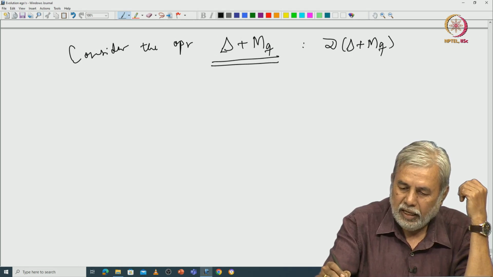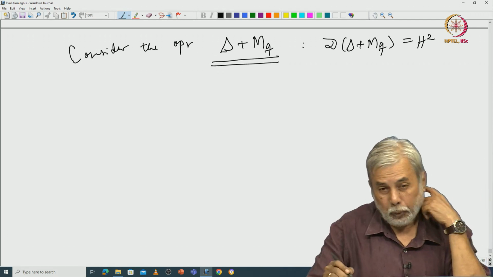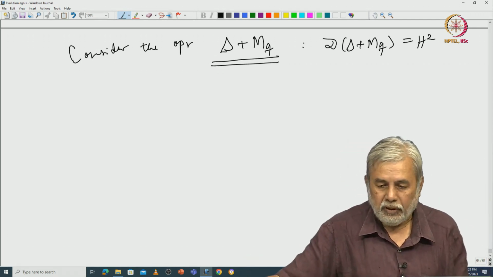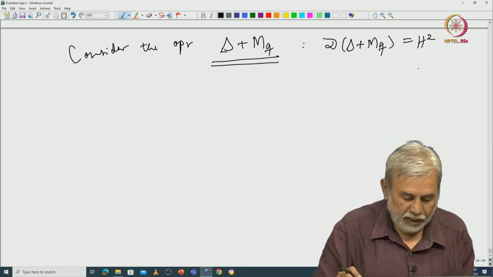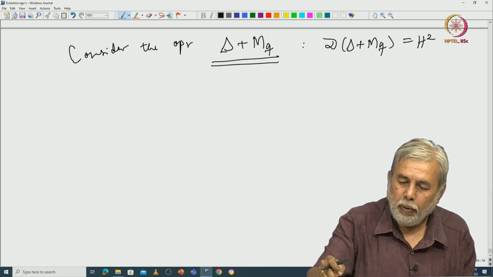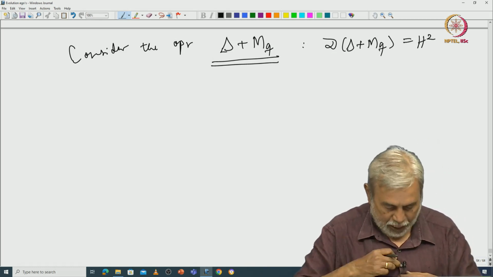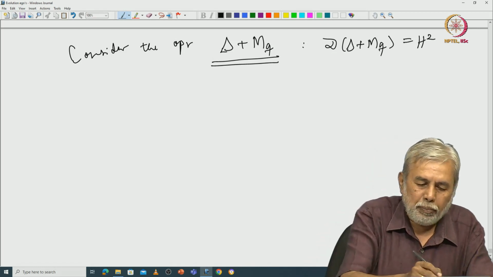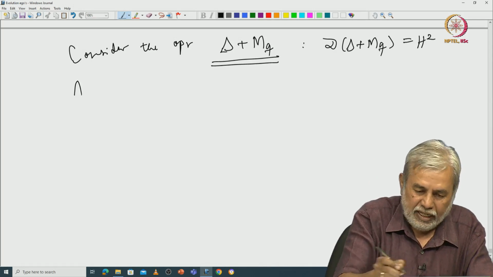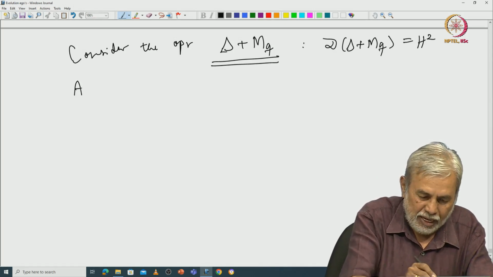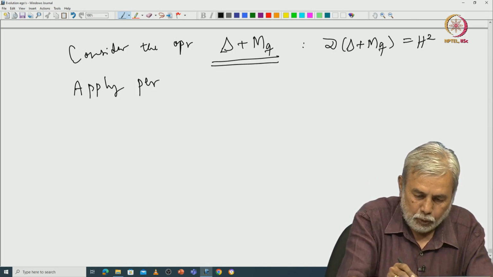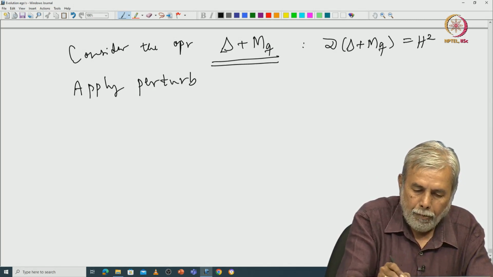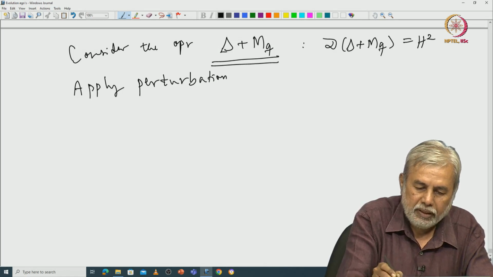That requires certain conditions on q, because if you take u in H2, qu may not be in L2. After studying that, we want to apply a perturbation result, again due to Kato.